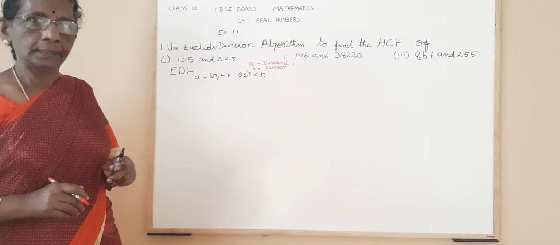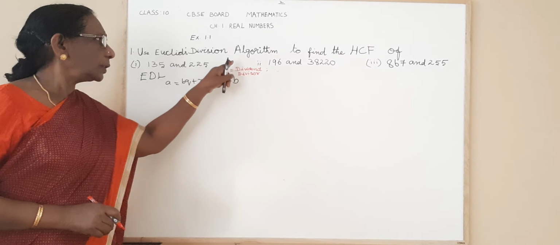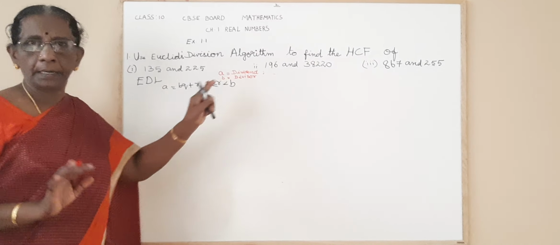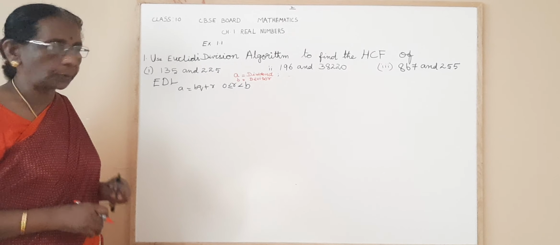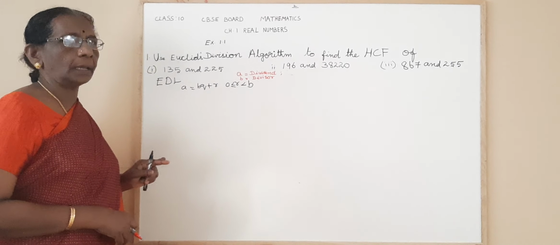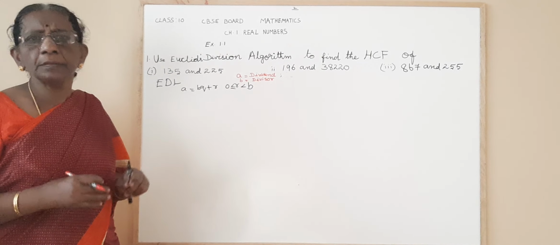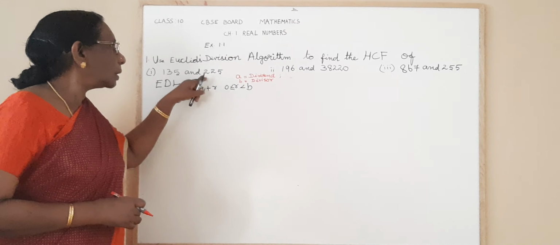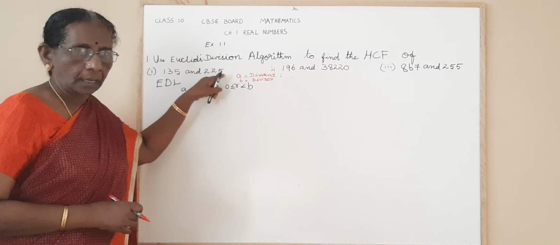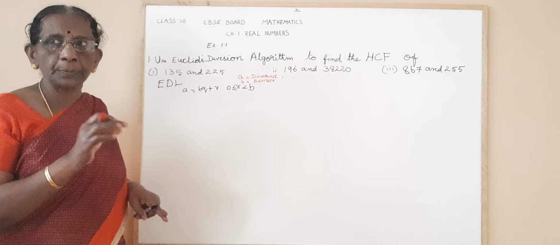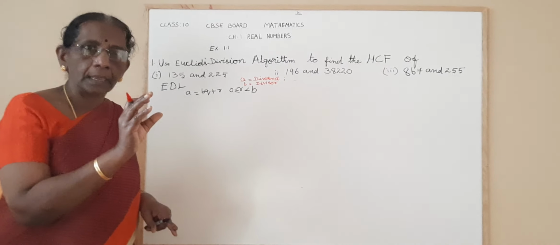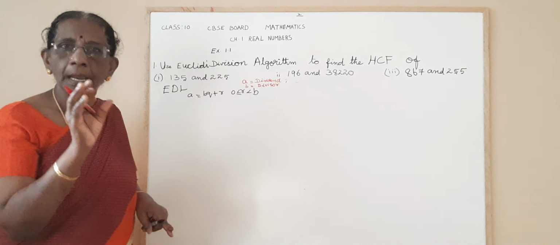All of you know that, isn't it children? And the dividend should always be greater than the divisor. Now given the 2 numbers, which will be a, the dividend? 225 will be a and 135 will be b. So in the first step you have to select a, the dividend, and b, the divisor.